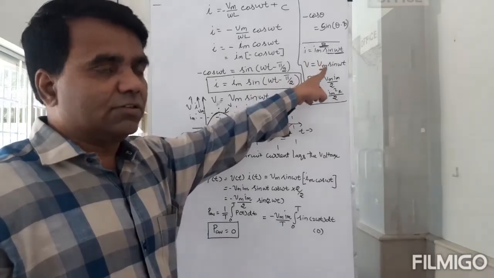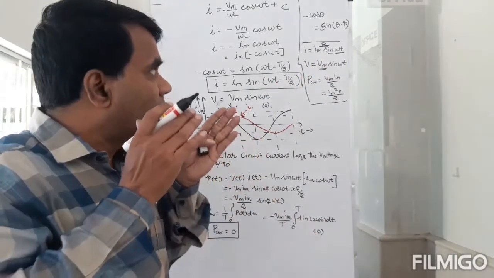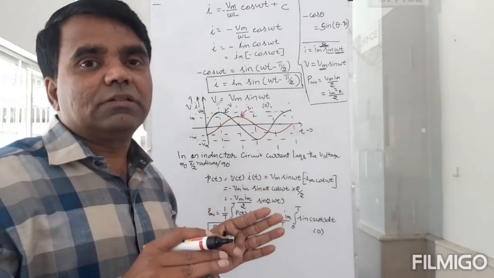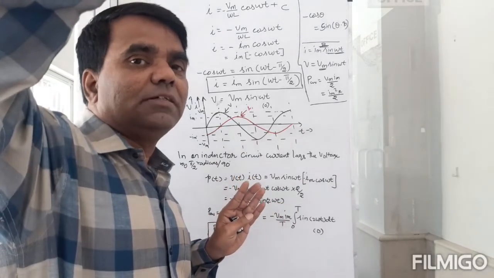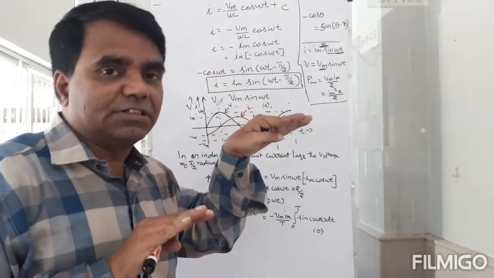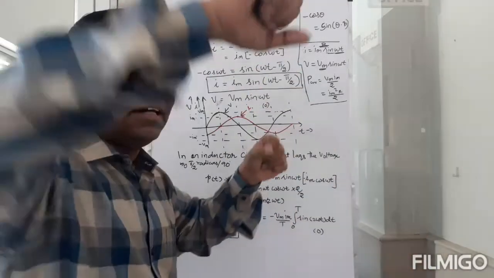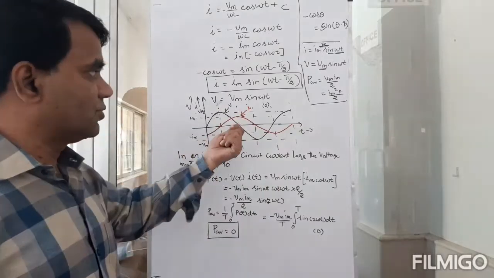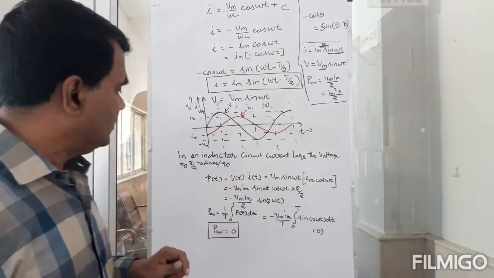Whereas in a resistive circuit, that doesn't happen. The current and the voltage are hand in hand. When voltage reaches its peak, current reaches its peak, and when voltage reaches 0, current reaches 0. So they're hand in hand. But here it is not so. One leads and the other follows.